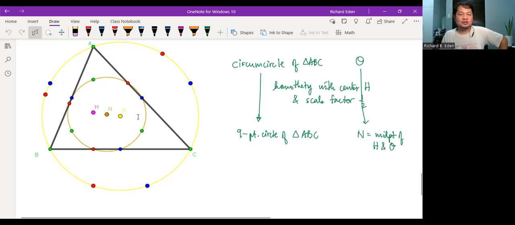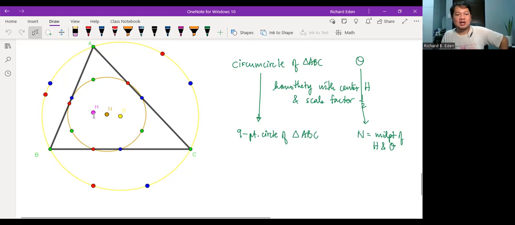So why are those 9 points concyclic? It's because they are based on these 9 points from this larger circle, which is the circumcircle. If you perform a homothety centered at H with scaling factor 1/2, then these points on the larger circle will be brought towards the 9 points that we just described. And so those 9 points are also going to be concyclic.